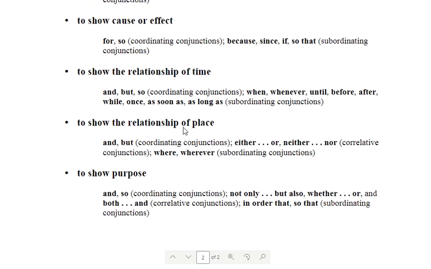Okay. To show relationship of place. Neither Lebanon nor Turkey are good countries to live in. For example, that's a very depressing example, but that's what I came up with. Either or. Either Romania or France are good options. Okay, so we're talking about places. Wherever you go, I will follow you.